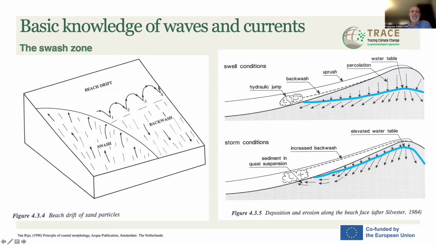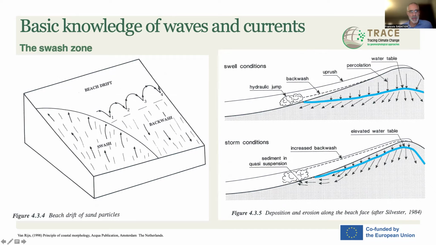And you see that when the waves are coming with the uprush and after they are going back with the backwash, there is a lot of infiltration because the water table inside the sand is low. So sediments can go in there and stay there. And sometimes there is a kind of laminar sedimentation in this area. And this process can explain the beach recovery during a fair weather condition.